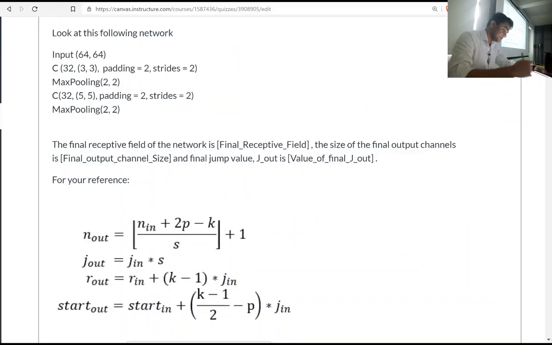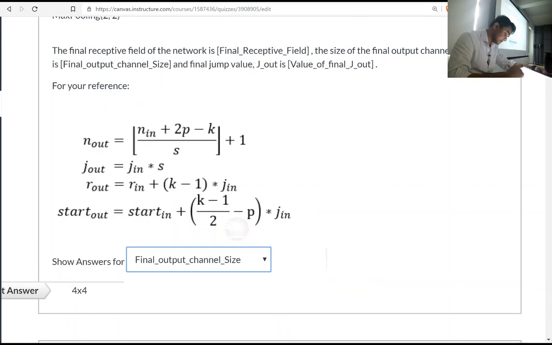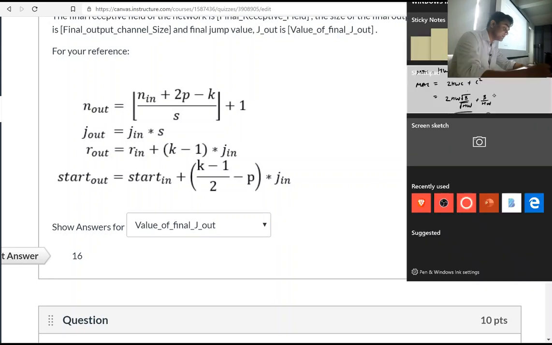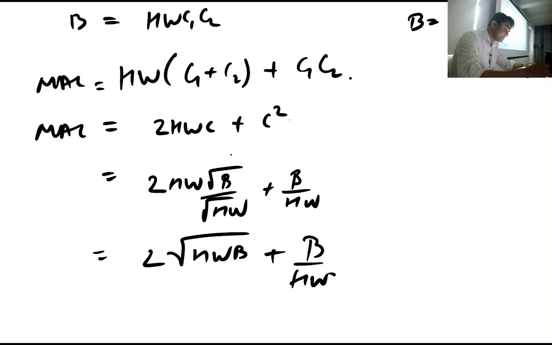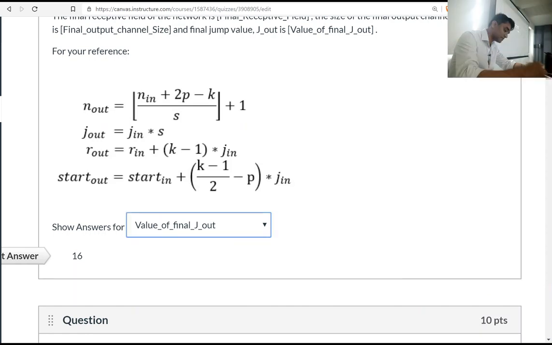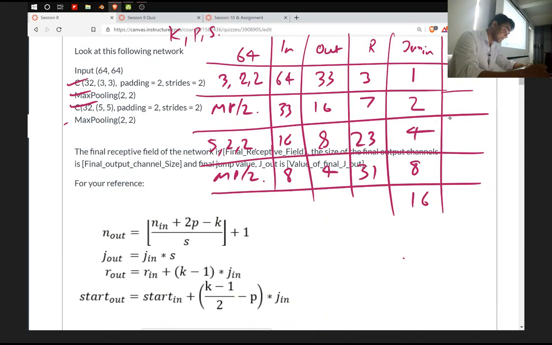Okay, so for the question we're asking receptive field, that's 29, and we are asking final output channel 4 cross 4, then we're asking final value of J is 16, right? What did we get? We got 31 here.